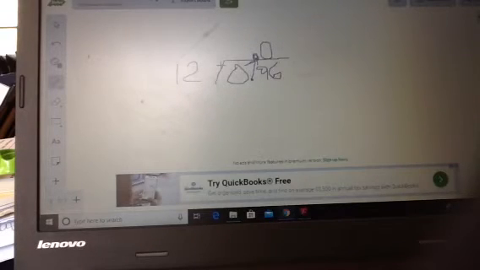Let's try 8, because 8 times 2 is 16, right? So if I did that, I would put 6 down, carry my 1. Oh, that's perfect. So I'm going to put an 8. 8 times 2 is 16. I put my 6 here, and I carry the little 1. 8 times 1 is 8, but I have to add what I carried, or regrouped is the term, and that makes it a perfect 96.